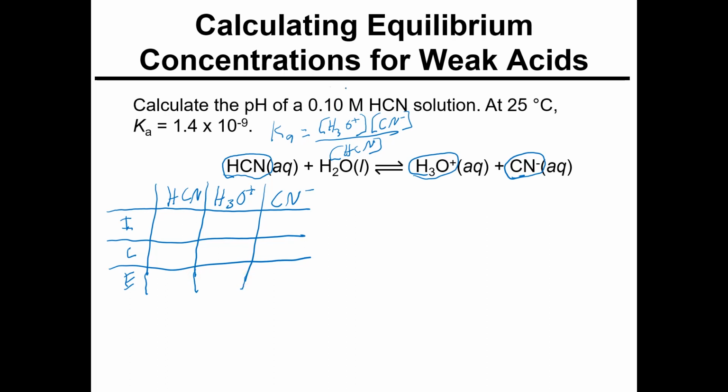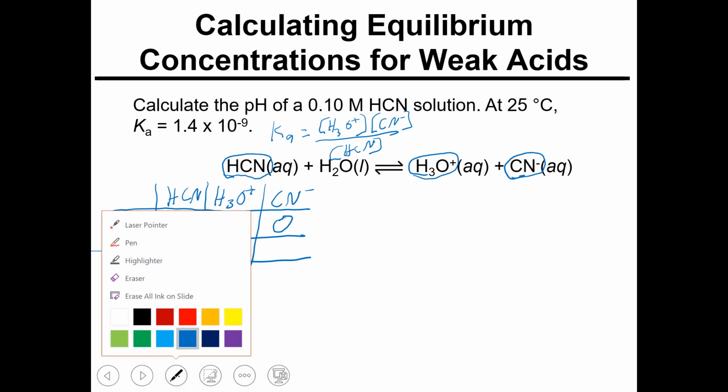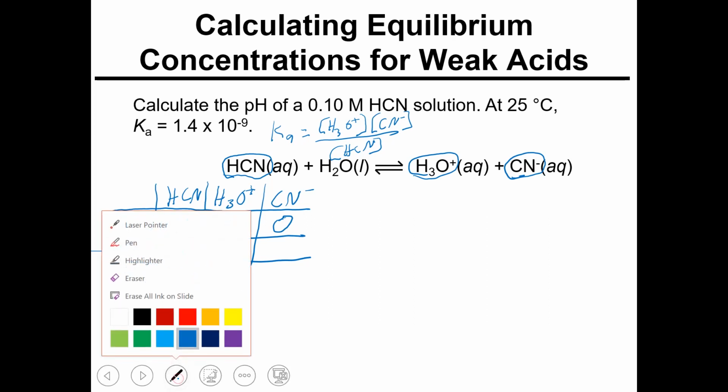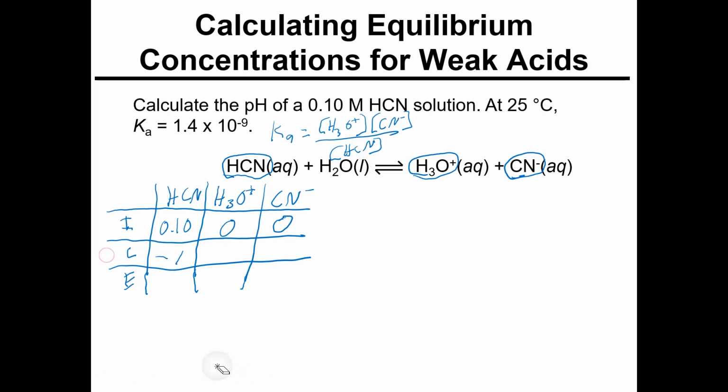So we know at the start, when we make this solution, the concentration of HCN is 0.10. And at the very beginning, the concentration of H3O+ and CN- is going to be 0. As this HCN is put in solution, some of it is going to break down into H+ ions, which are going to react with the water molecules and form H3O+.